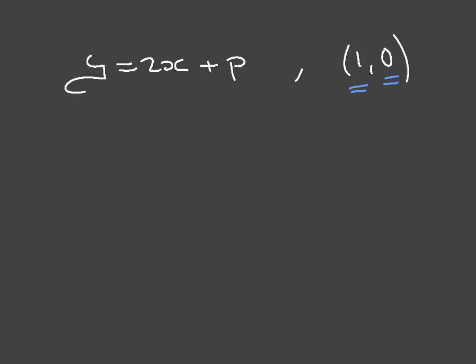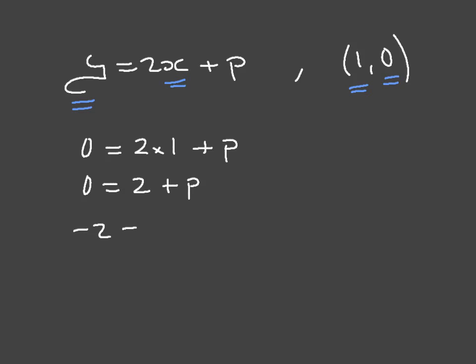And so we can replace the x-coordinate and the y-coordinate in our tangent's equation by these two coordinates. Doing that will lead us to 0 is equal to 2 times 1 plus p. In other words, 0 is equal to 2 plus p, which leads us to negative 2 is equal to p. Of course, that's the same thing as writing p is equal to negative 2.